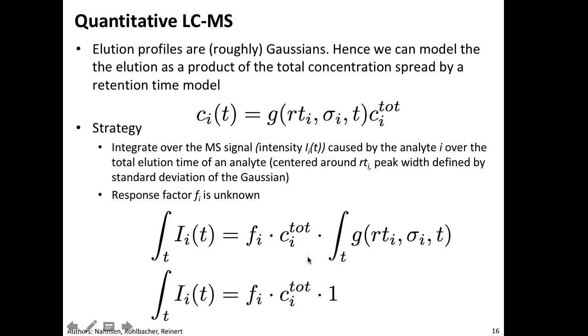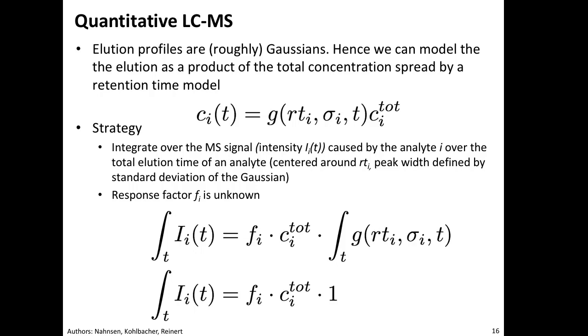So we can plug that in, and since we know that the integral of this Gaussian is 1, we basically get that the integral of our detector signal is our sensitivity times the total concentration that went into the column. That seems trivial, but that is actually why quantification with mass spectrometry works.